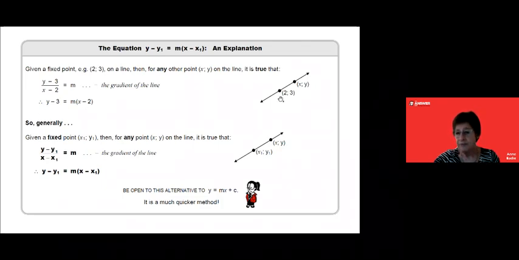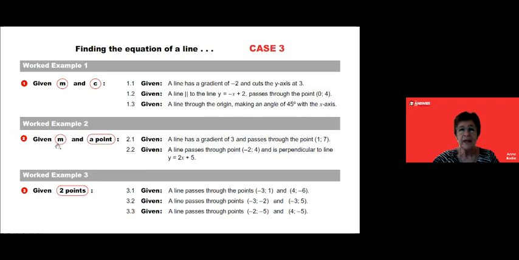And if instead of a fixed point, 2, 3, with values, we take x1, y1, we can understand why y minus y1 over x minus x1 gives us the gradient and where this comes from. I really do encourage learners to use this. It is so much quicker in calculations than using y equals mx plus c, and very, very useful, especially for matric, very necessary.